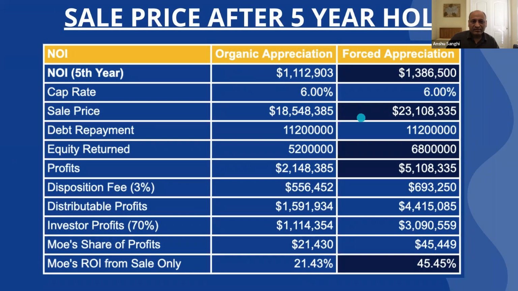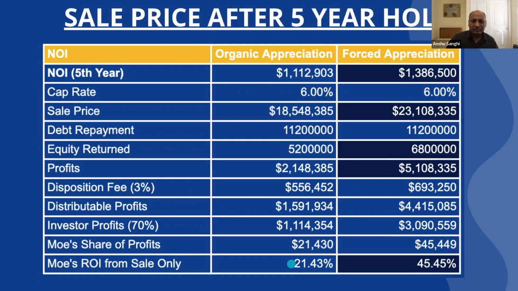And the sale price, instead of 18 million, has gone up significantly because of the increased NOI. The equity is returned, and of course, profits will be higher. Instead of 2.1 million, now the syndication made $5.1 million of profits. Taking the disposition fee out and distributing according to the profit sharing agreement, Mo makes 45.45% in this case.